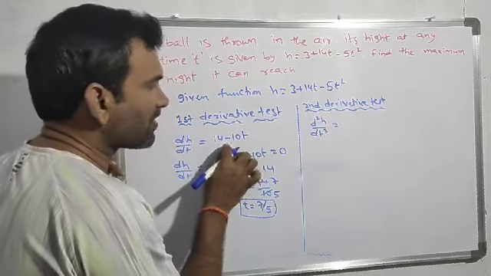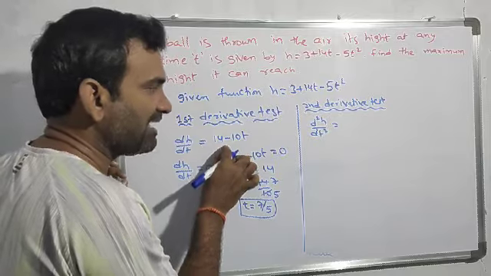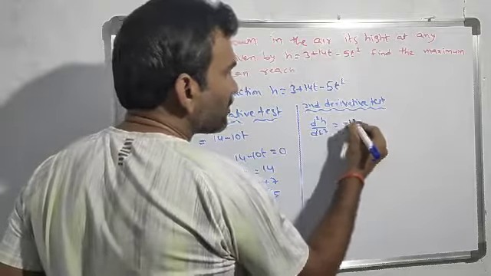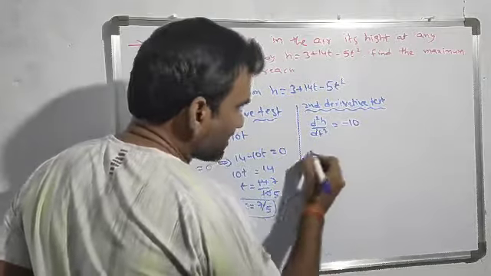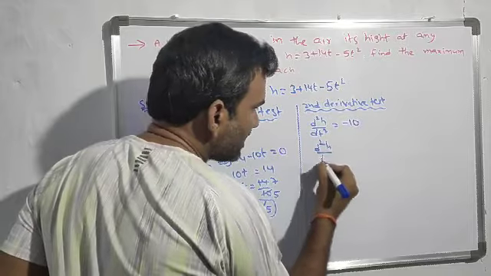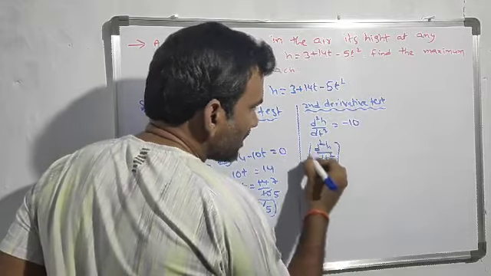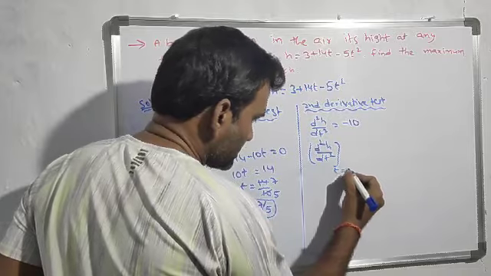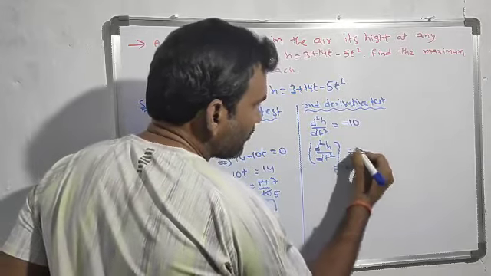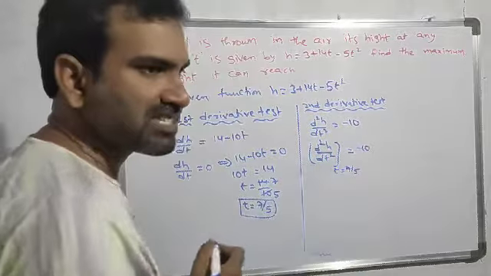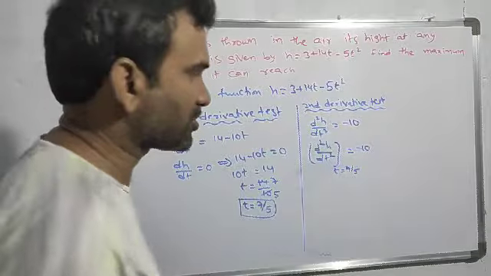That means I differentiate again with respect to t, so I get minus 10. At t equal to 7 by 5, the value is minus 10 only, because it is a constant.